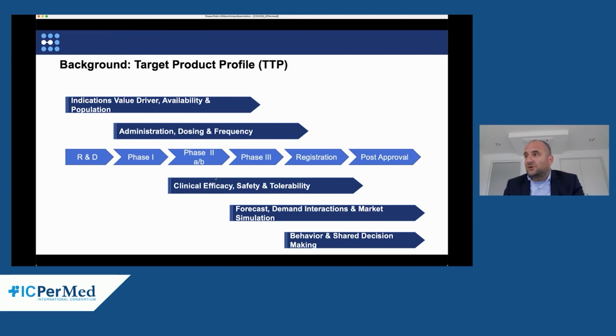This type of research is being used to forecast demand. This type of research is being used to forecast behavior. And even the knowledge about the decision-making framework would be helpful to help the persons affected by a certain disease to make decisions about their life and about their quality of life.